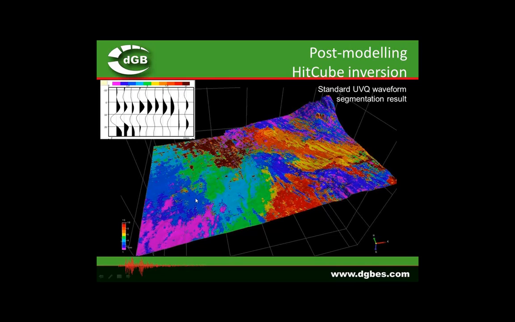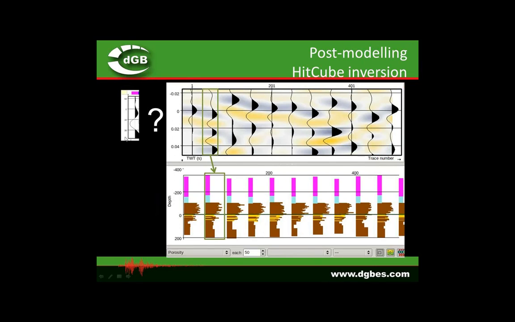And what we're doing in the heat-cube inversion, we'll take the actual waveform at each and every seismic trace, so a waveform something like this, and we interrogate the pseudowell database to look for the one pseudowell or the several best pseudowells that have the best match between the actual waveform and the waveform at the same location in the modeled pseudowells.